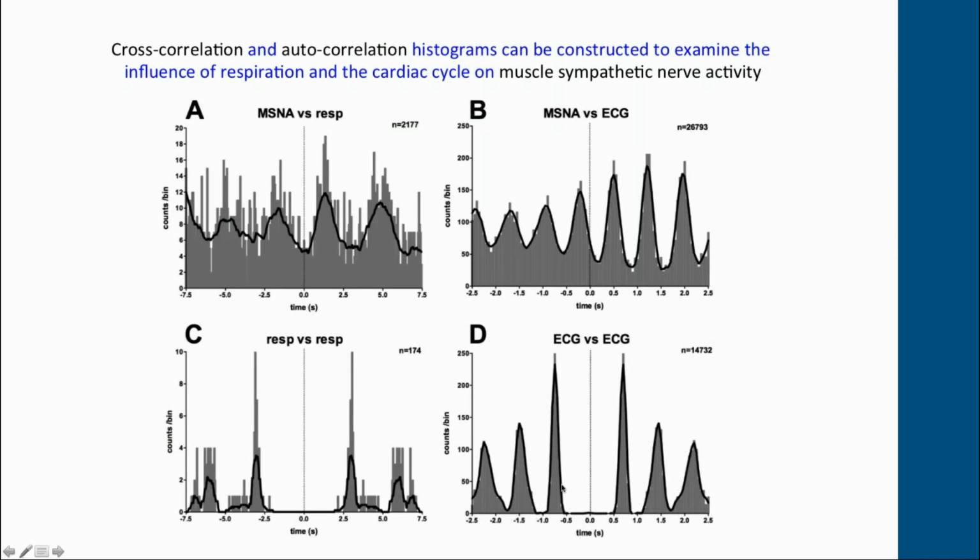This is just shown to illustrate the basic cardiac rhythm in this individual, but on the top what we've done is generated a cross-correlation histogram between the MSNA and the ECG, and you can see that the dominant peak corresponds to that which would be most closely coupled to the R wave 1.5 heartbeats previously, about 1.2, 1.3 seconds previously. So this just shows the marked cardiac rhythmicity of muscle sympathetic nerve activity.